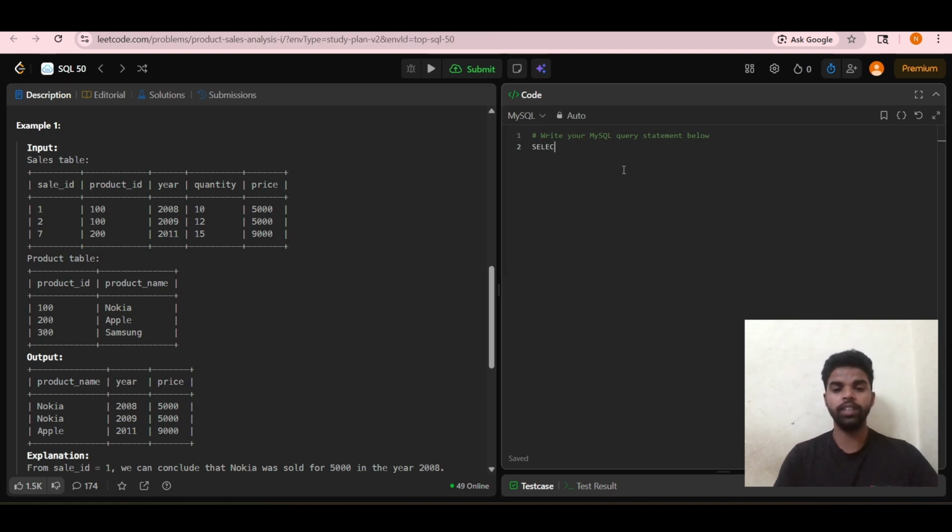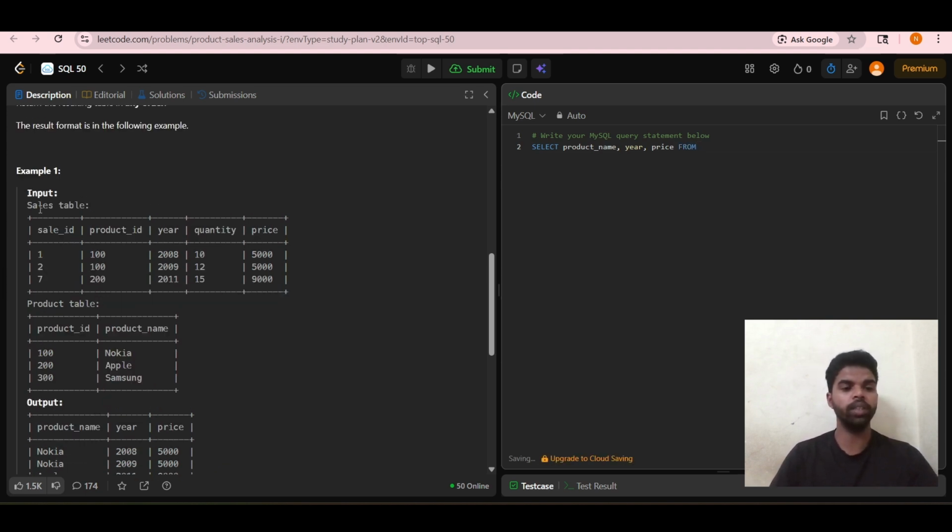So here we write select product name, year, and price from our first table, which is Sales. So here we write Sales as S, and here we write left join. Why?